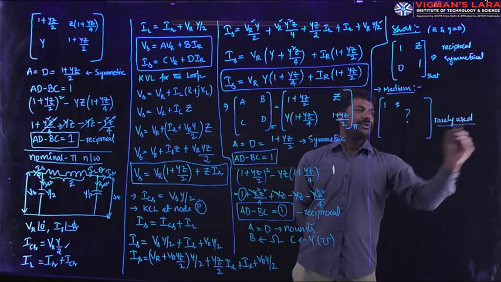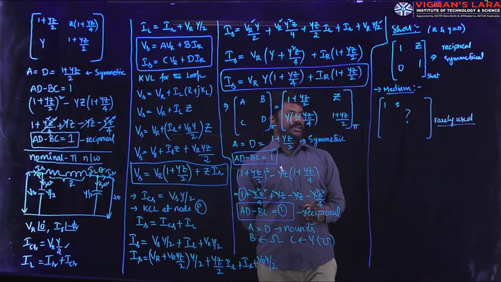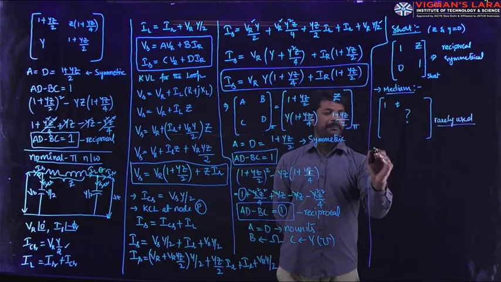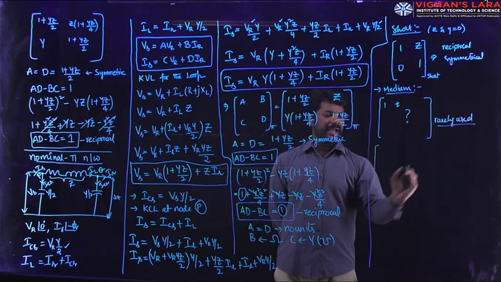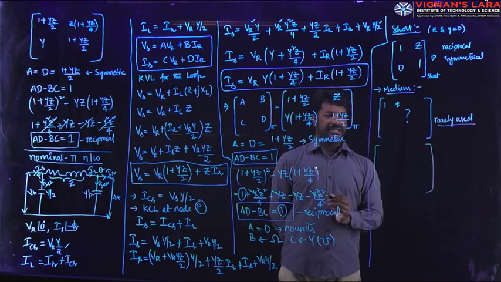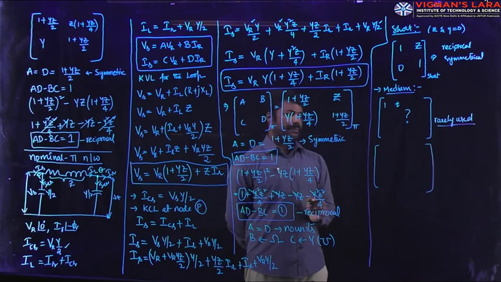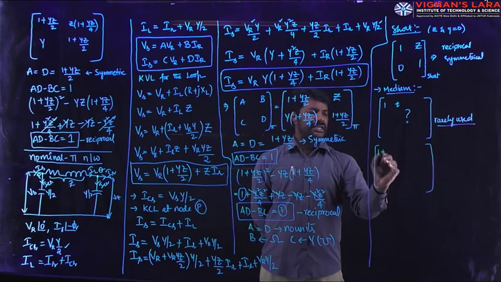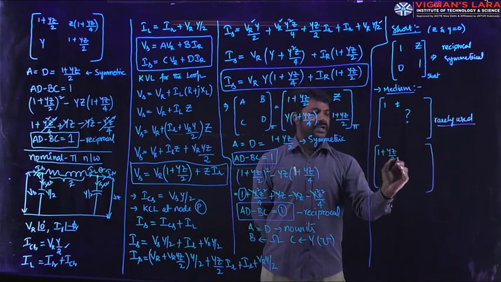And the frequently used analysis is always nominal T and nominal pi. Let me go for the nominal T and nominal pi representation. In the nominal T representation, the constant A is equal to 1 plus YZ by 2.